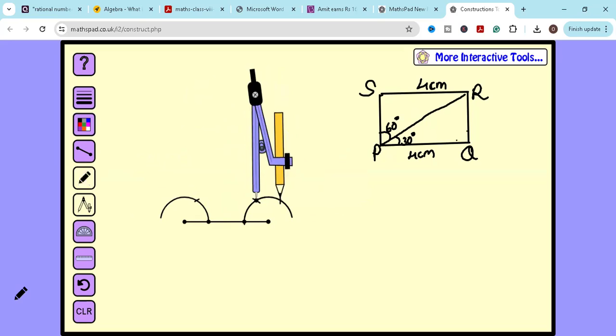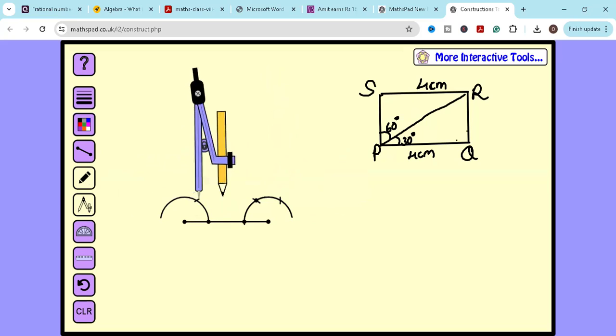Okay, so let's start with this one. First we'll make the 30 degree part. Let's do this one. Okay, I can extend this now.